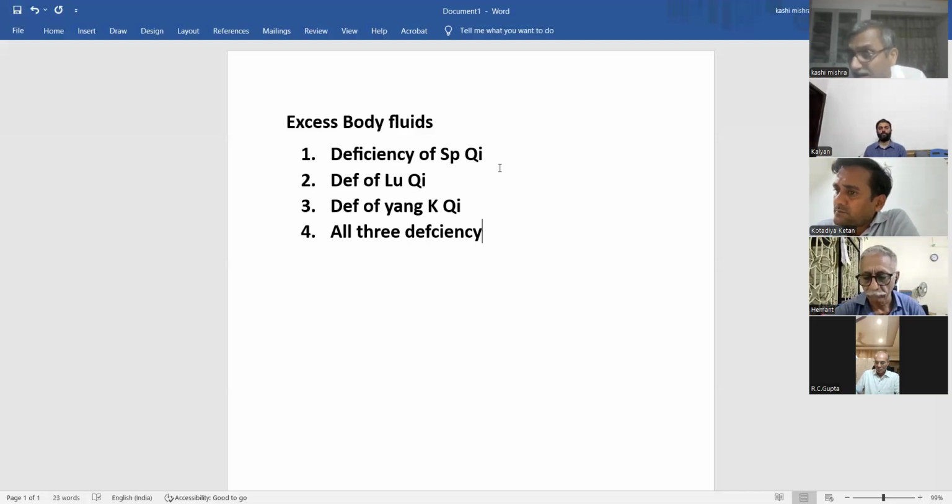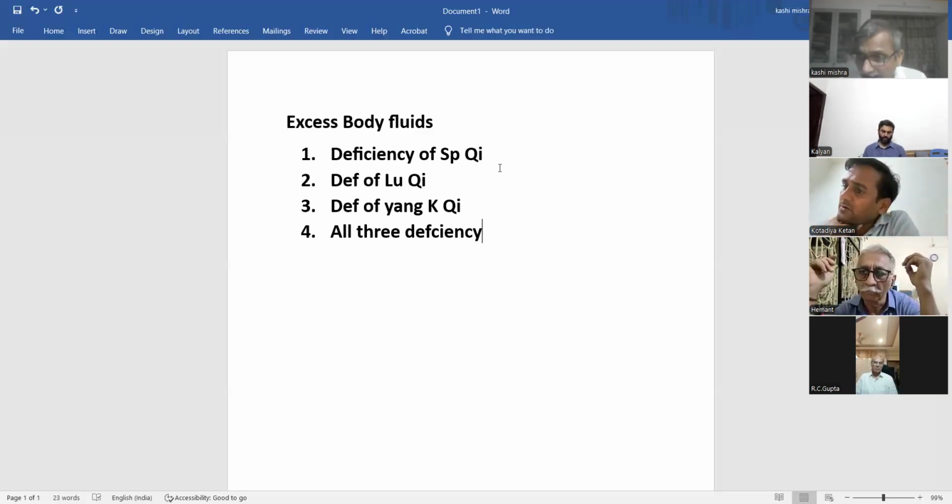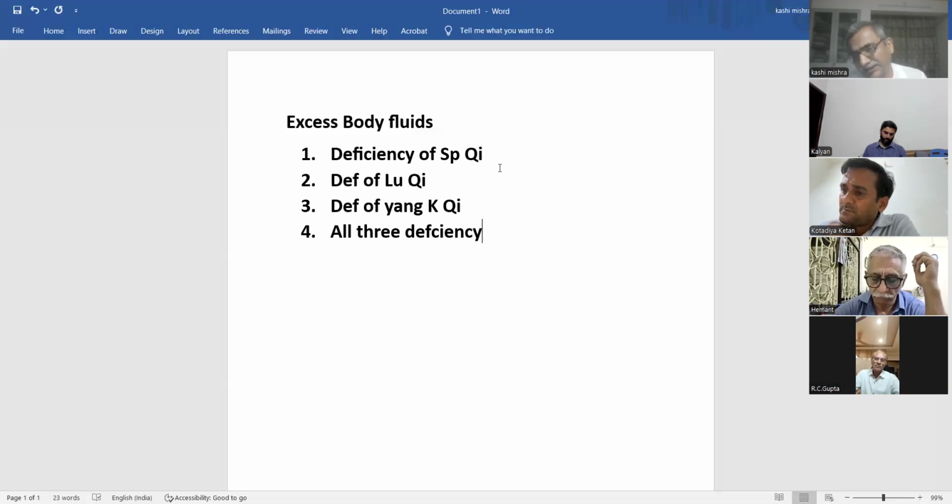So if we want to treat ascites, what should we do? Opposite flow in the liver, and spleen chi and yang both. Very good, very good. What Ketan is saying is excellent. Is everyone understanding? All of you are understanding it. Ascites, the treatment of jalodar. How shall we do it? We will try to clear the occlusions so that the chi stagnation of the liver is taken care of.